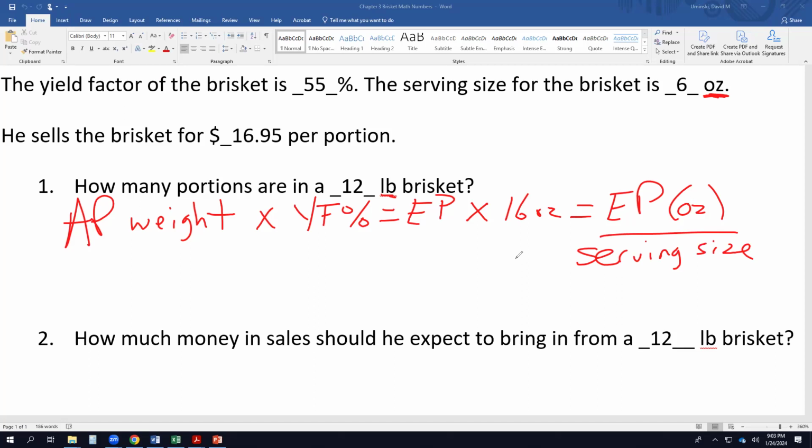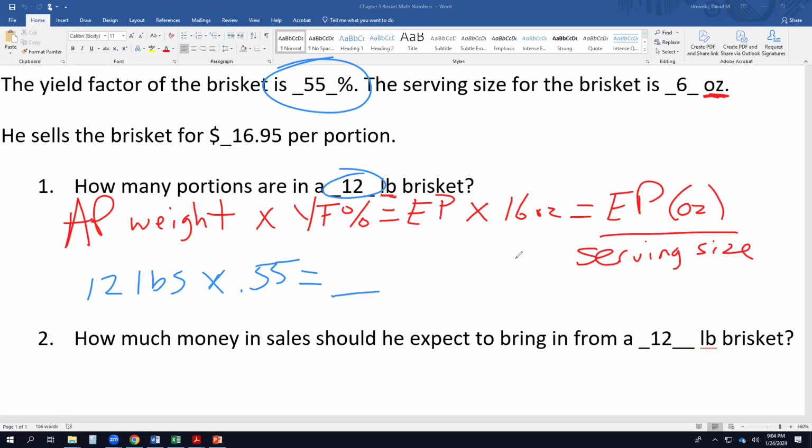So what is my as purchased weight? 12 pounds. We see it right here, 12 pounds. What is my yield factor up in the directions? 55%, right here. Before you do any math, this is what I would do: draw a line right there.